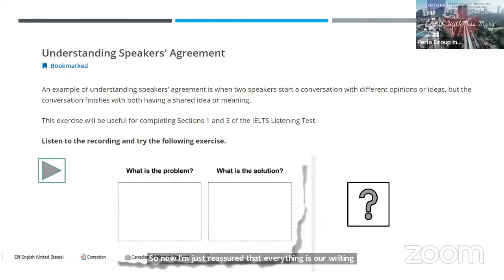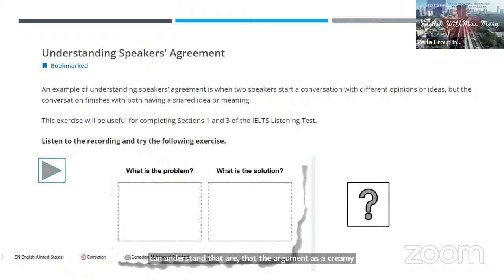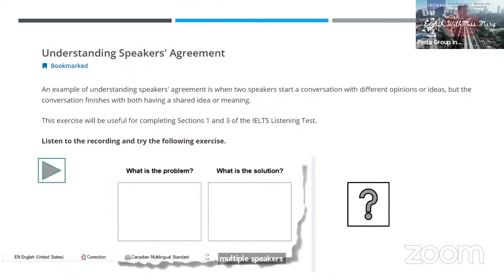The next thing is, since section 1 and section 3 are conversations, it's important that we understand, and in the workshop we'll work closely on how to understand the argument and the agreement of the speakers. In section 3 you might have multiple speakers, each with their own accents, opinions and attitudes.